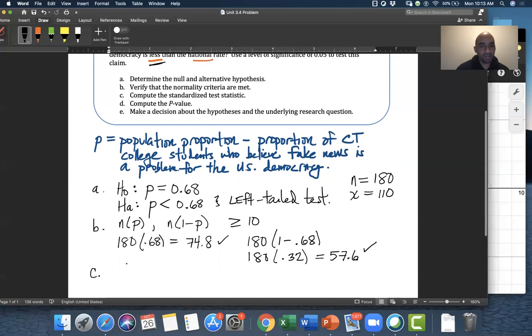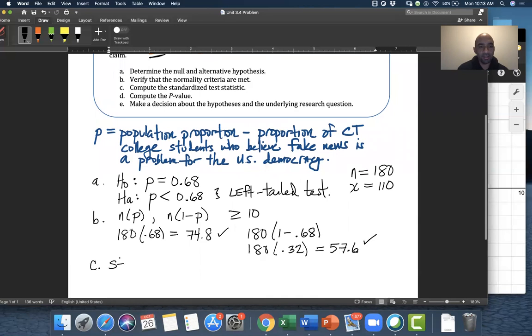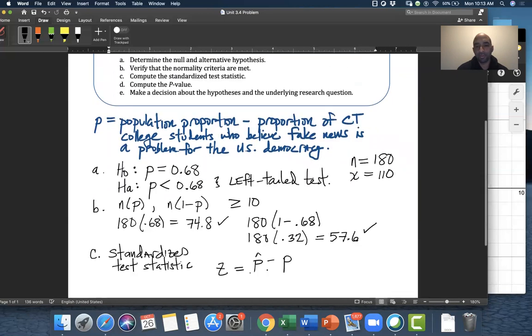The standardized test statistic is basically the z-score of the sample proportion, assuming the null hypothesis is true. Okay, so let's look at the formula, and we'll do this in Desmos. So we have z equals the sample proportion minus the assumed population proportion, divided by the standard error, which is the square root of the assumed population proportion times 1 minus p, divided by n.